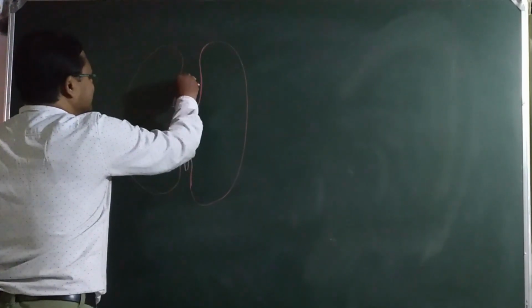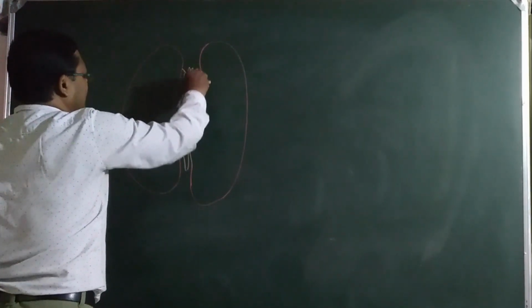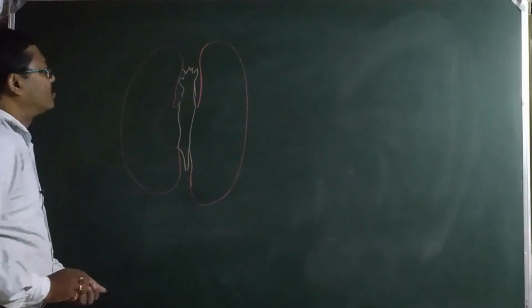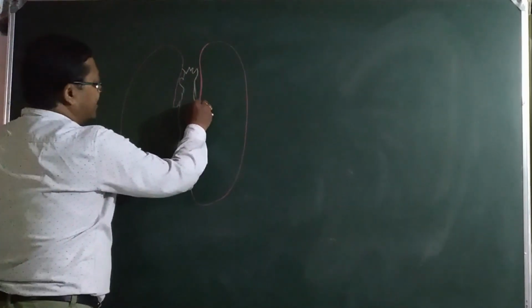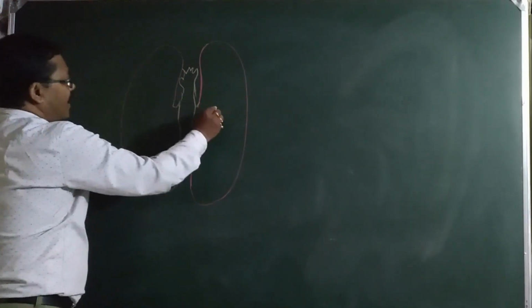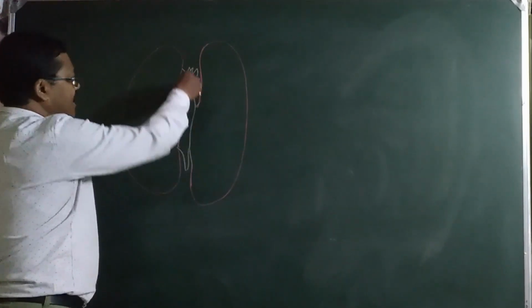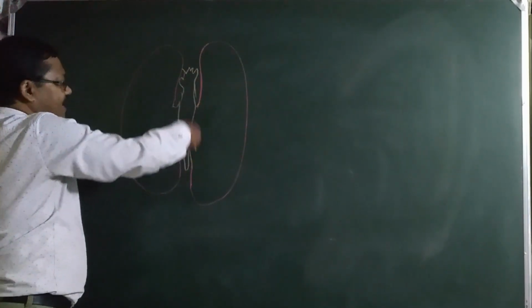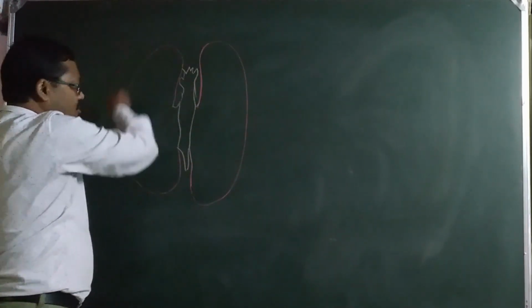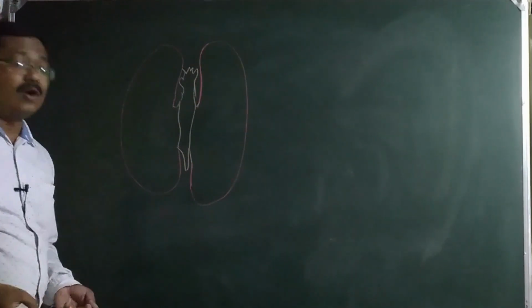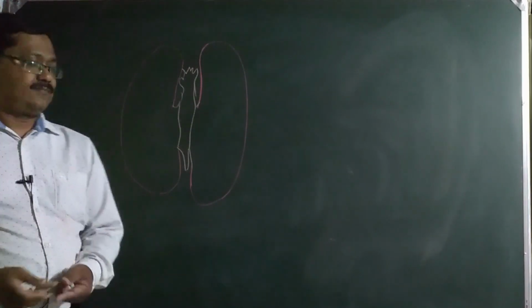This axis has two parts. This is one cotyledon, this is the other cotyledon, and this is the embryonal axis. Two cotyledons and the embryonal axis together constitute the whole embryo in a dicot.